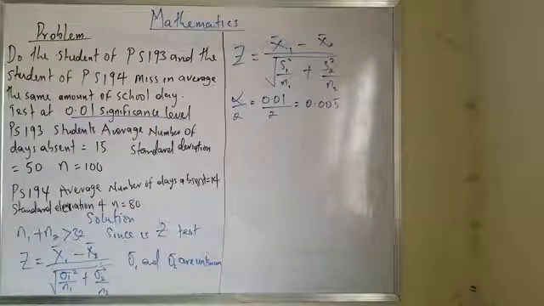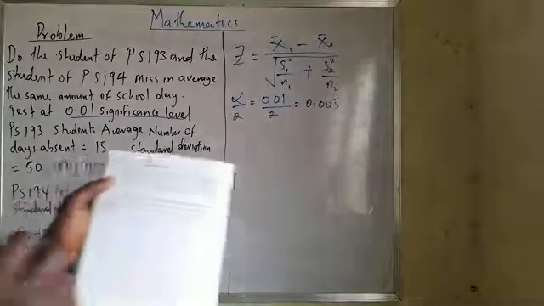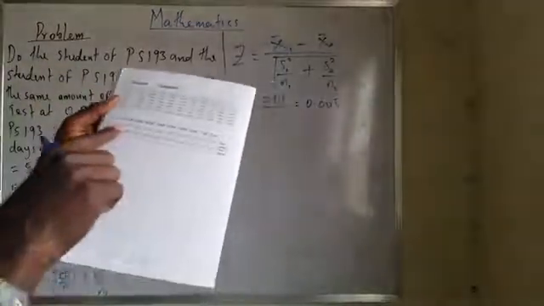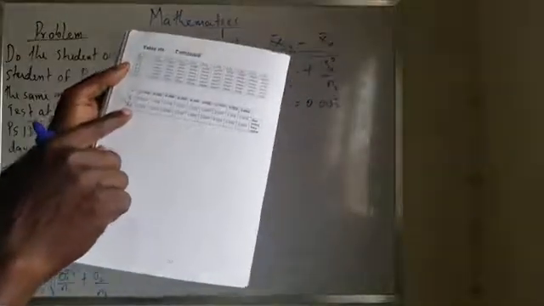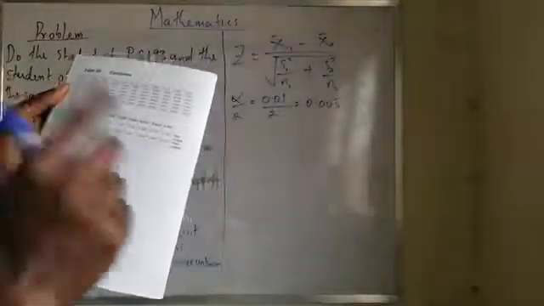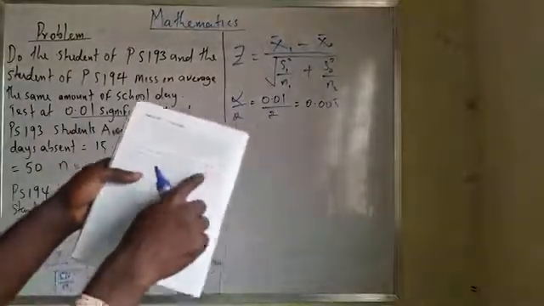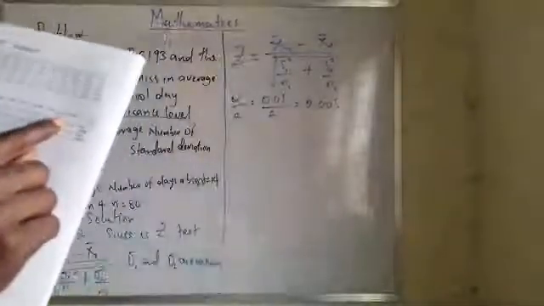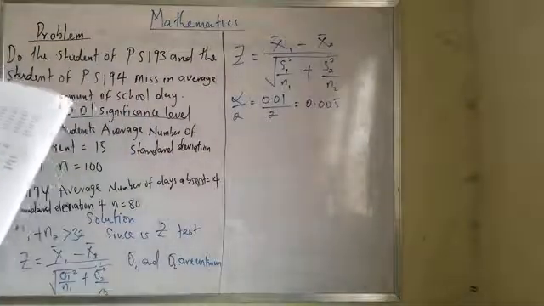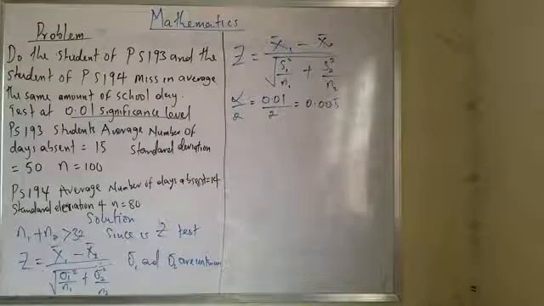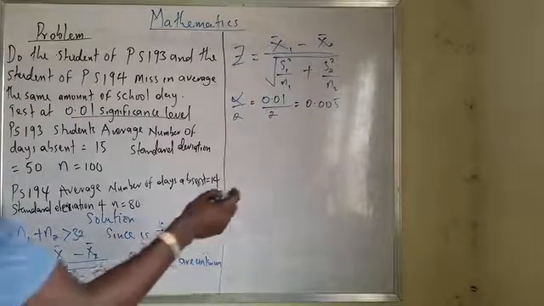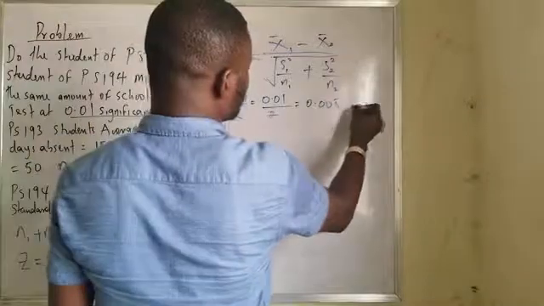The next thing I will do is go to my table. This is my Z-test table. Can you see Z alpha and Z alpha divided by 2? I will come here and search for 0.005, and I am having 2.576, which implies the table value.